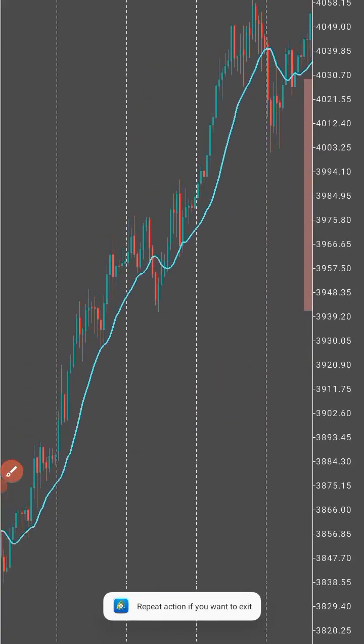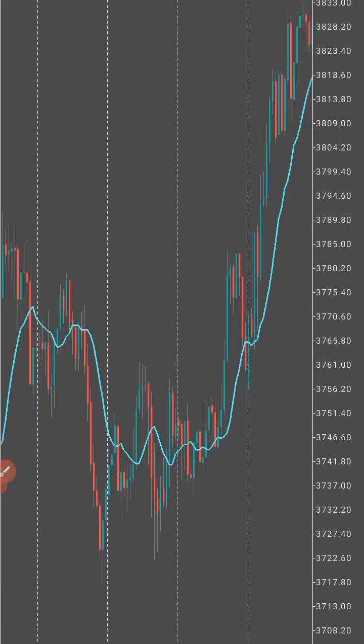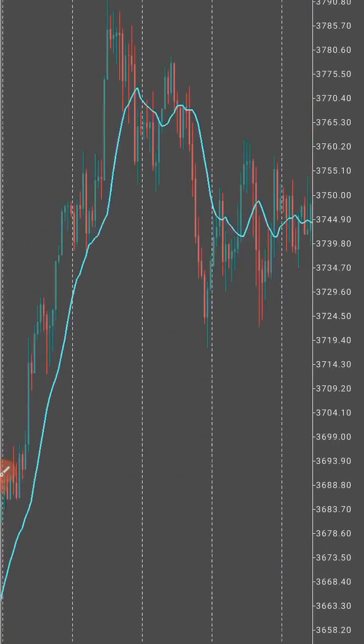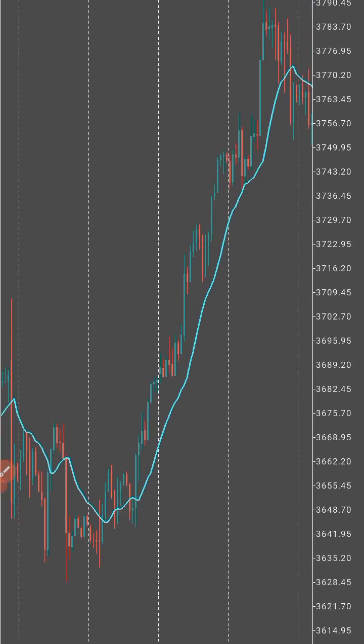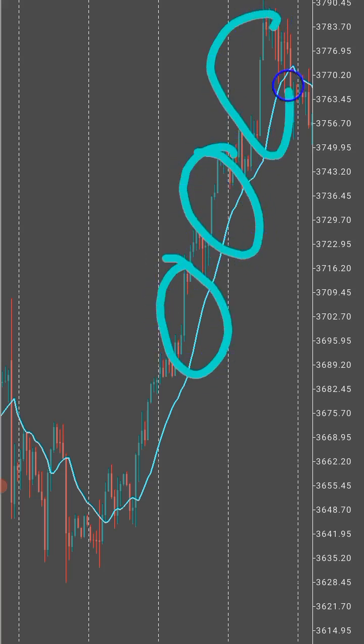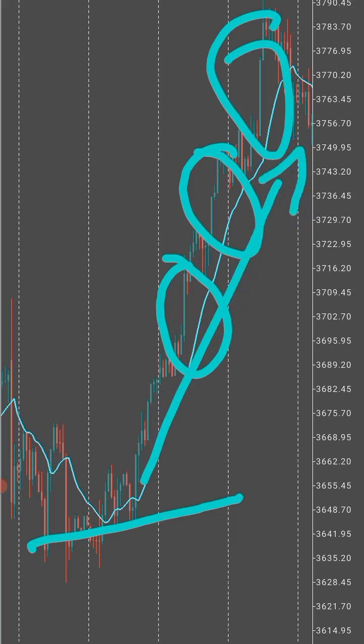Now let me look for one demand zone so that you understand what I mean. Yes, look at here. This is a demand, which means that this is actually our support, and here comes institution demanding the price.